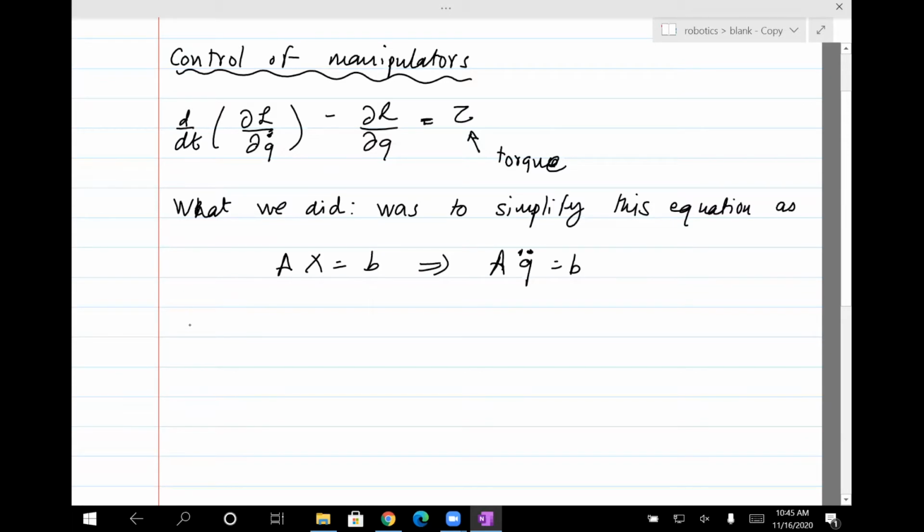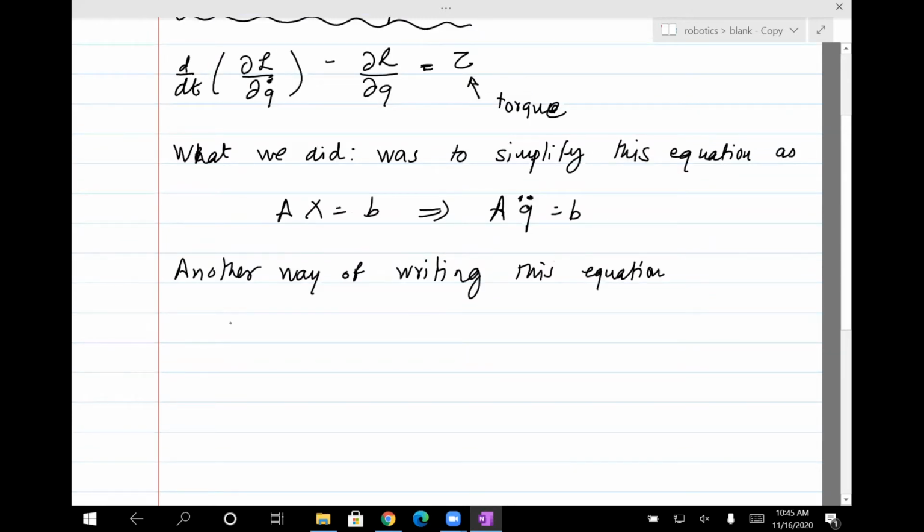Now, another way of writing this equation, and this is the way you can see it in textbooks or in papers if you're reading them, is that they will actually expand out these A and B matrices.